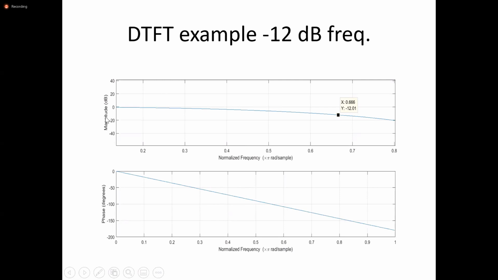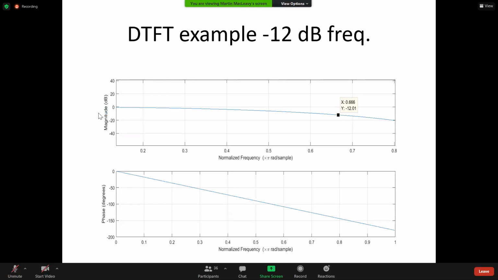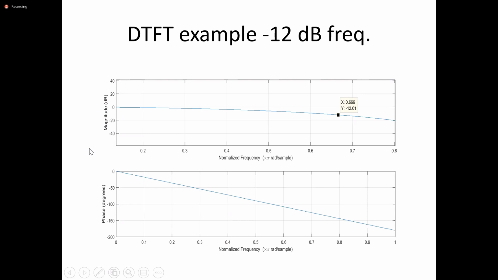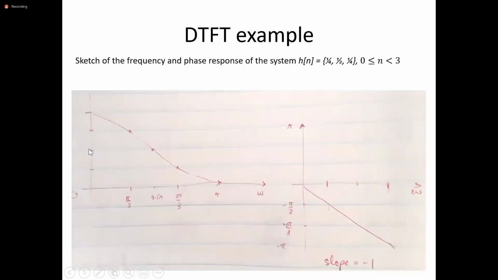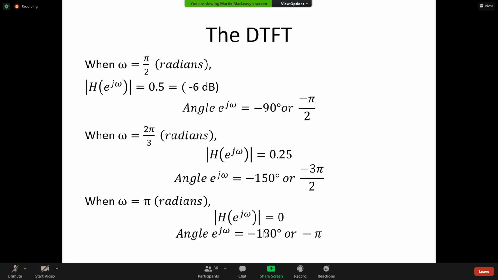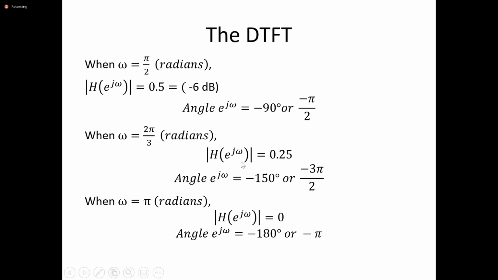Here, I expanded the filter response a bit, because remember we said that our 3 dB point was somewhere about here. Now I'm showing a minus 12 dB point here. Why I did that is because if I go back to this point here, we will find, and I didn't put it in, that this value here, 0.25, is minus 12 dB.